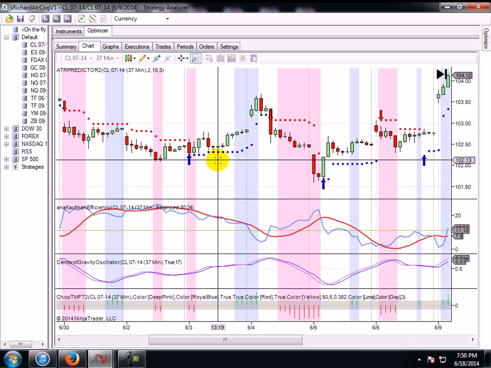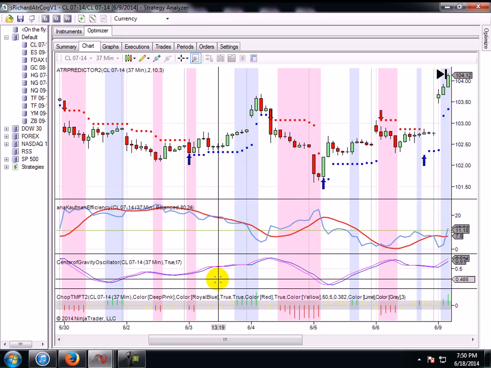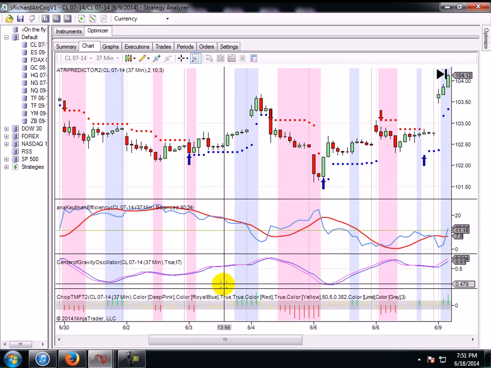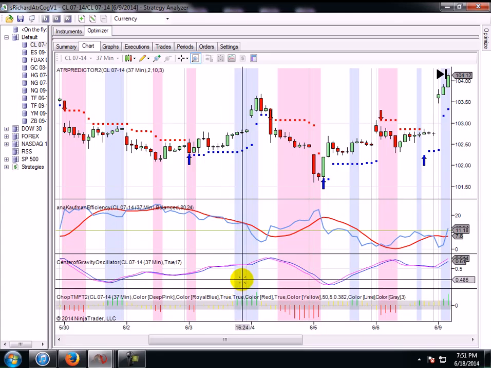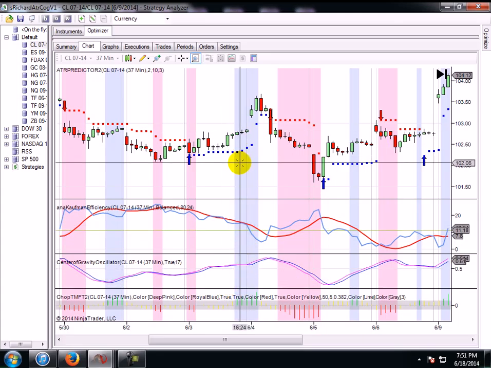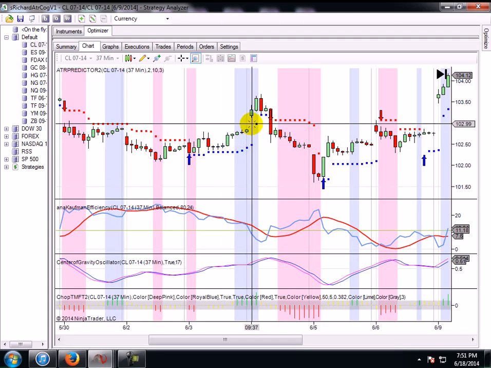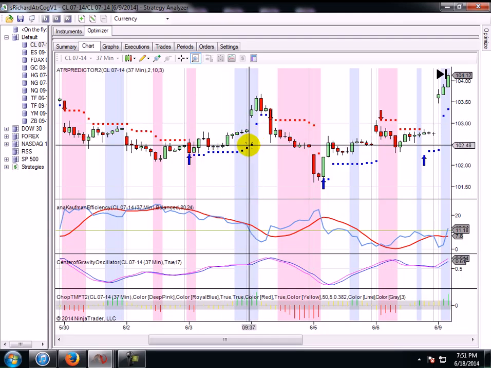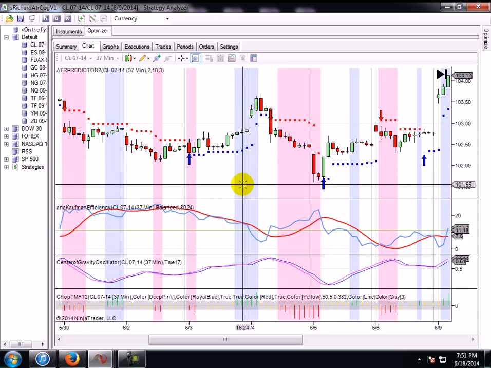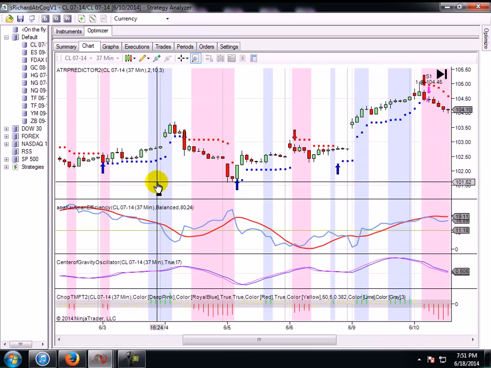The curve appears to be in accordance, so does the CGO. Hard to determine here, maybe 1, 2, 3, 4, 5, 6. It might have gone for 5 or 6, at least until the end of the day. So there's an instance of where a long should have taken place.